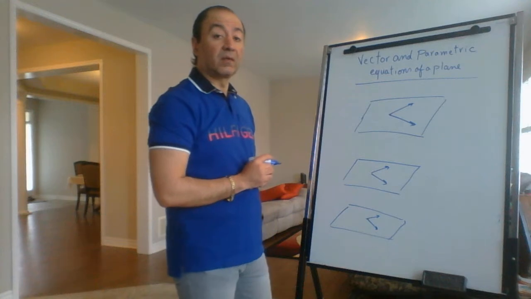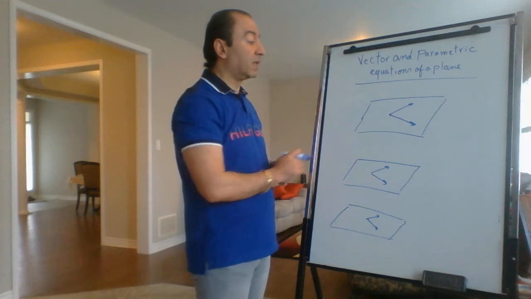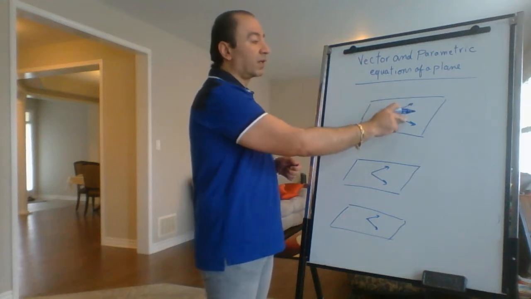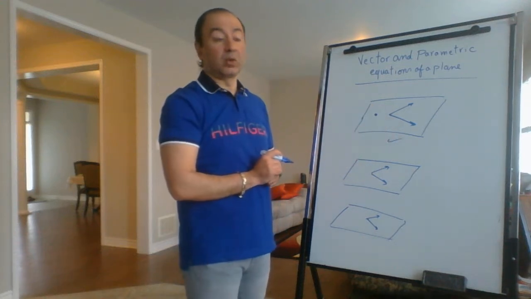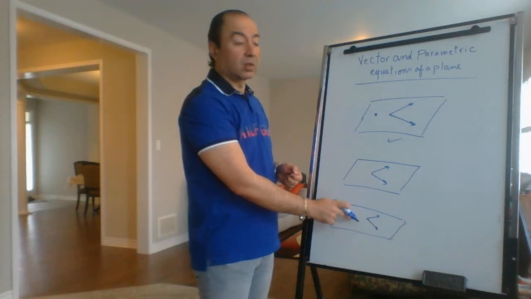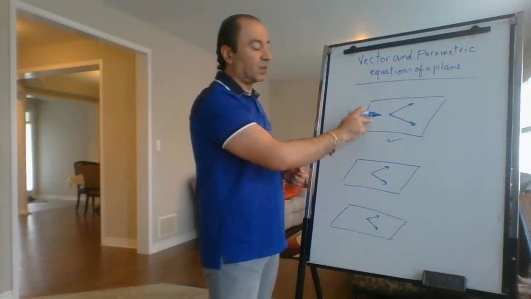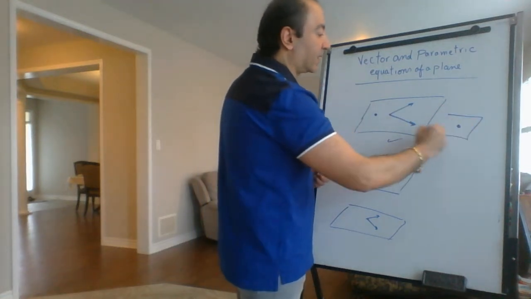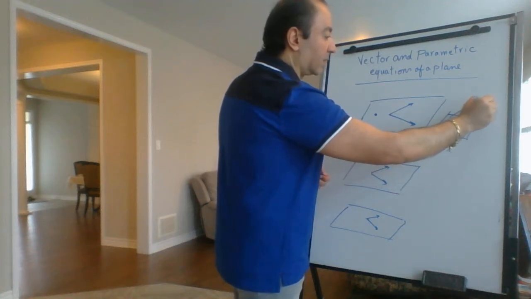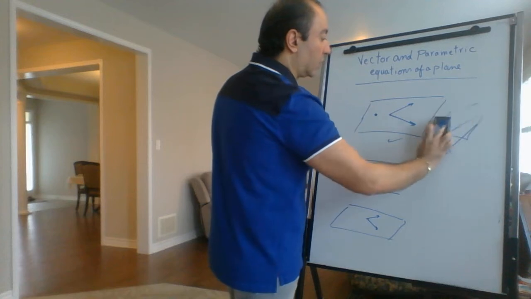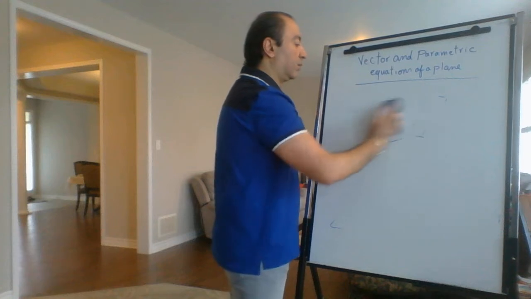So it is not enough information to have two direction vectors. But if I say a plane that has these two direction vectors and passes through this point, it is this plane only. I cannot say this one or that one. So that's why two direction vectors are not enough. A point definitely is not enough, because there are infinite planes that can go through this point. You understand what I mean? There are many planes that go through this point. So we need two direction vectors and a point.